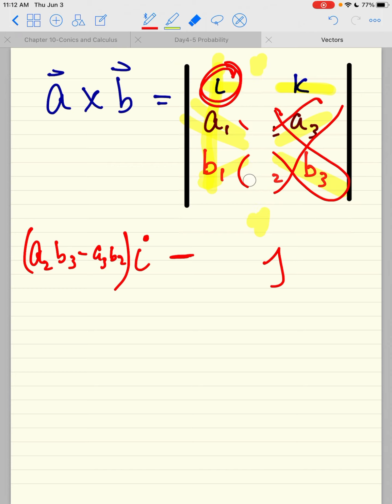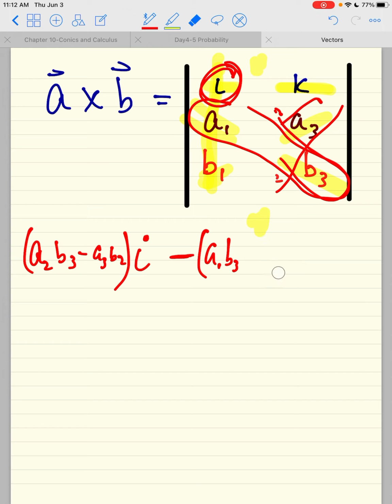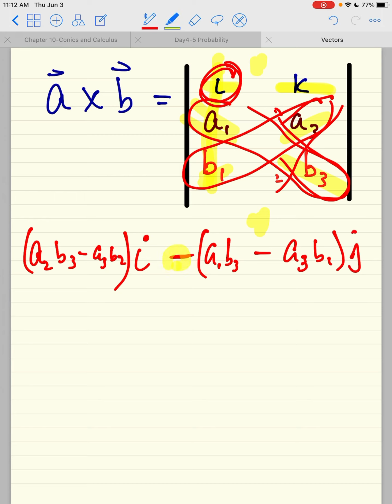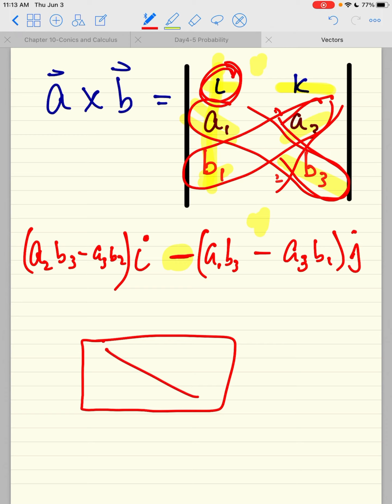If I get rid of this, what's left over? A1 times B3 minus A3 times B1. And we need to put J there. But note, you must switch the sign. So basically, you could figure out anything by just, if you have a square here, cross multiplying and taking the difference. So multiply, multiply, and subtract the two. Okay, just remind yourself that the sign switches for the second one.